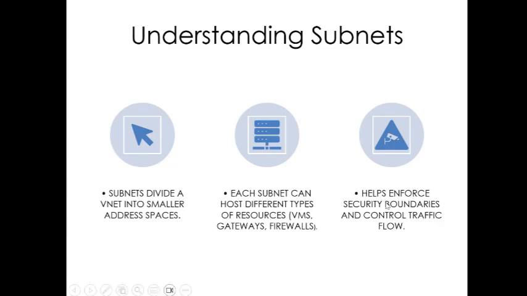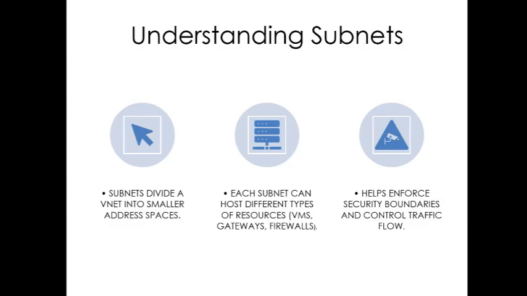It also helps enforce security boundaries and control traffic flow. By dividing your network into subnets, you can control the access to that subnet, or who talks to whom. Like I mentioned earlier, the network as a whole is a building and the subnets are the rooms in that building.